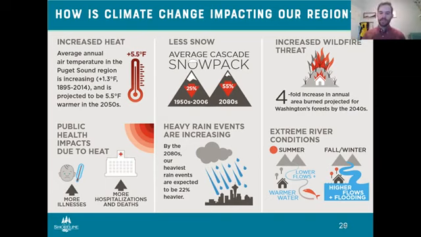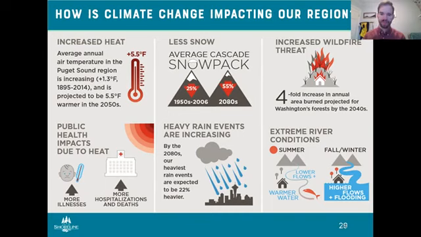Also, changing precipitation patterns, largely in the winter, that are leading to more flood risk in the winter with short duration, high intensity storms, but also less precipitation falling as snow, which leads to more drought risk in the summer. And last but not least, reduced air quality from wildfire smoke and that increased risk around the Western United States.